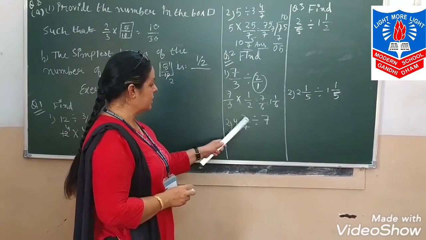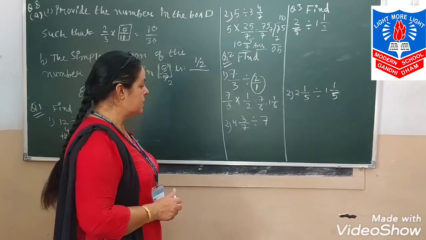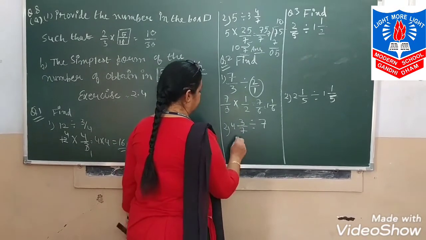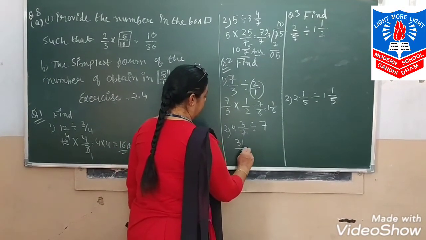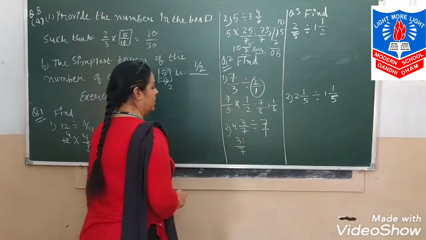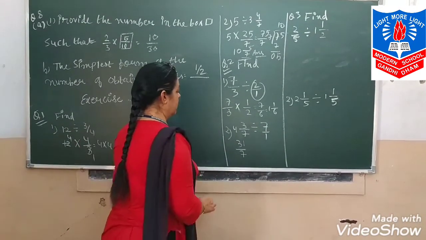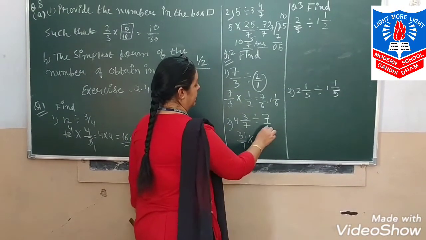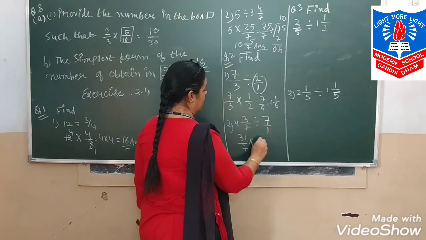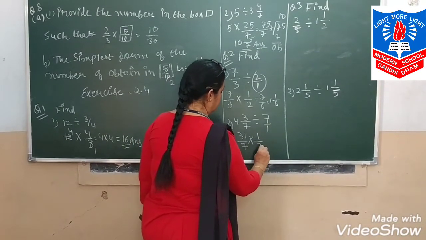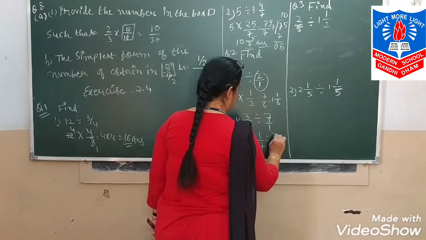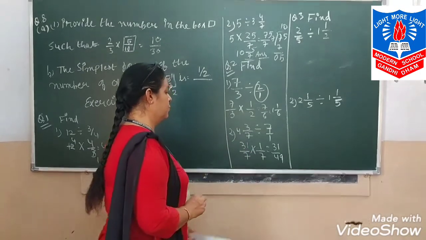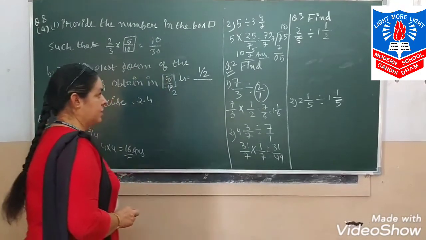Here a mixed fraction is given, so we convert it into a simple fraction. 7 fours are 28, 28 plus 3 is 31. Here there is no number in the denominator, so we write 1. Then convert the division sign into multiply and take the reciprocal. So 1 upon 7, and the answer is 31 upon 49. It is a proper fraction, so we cannot convert it into a mixed fraction.